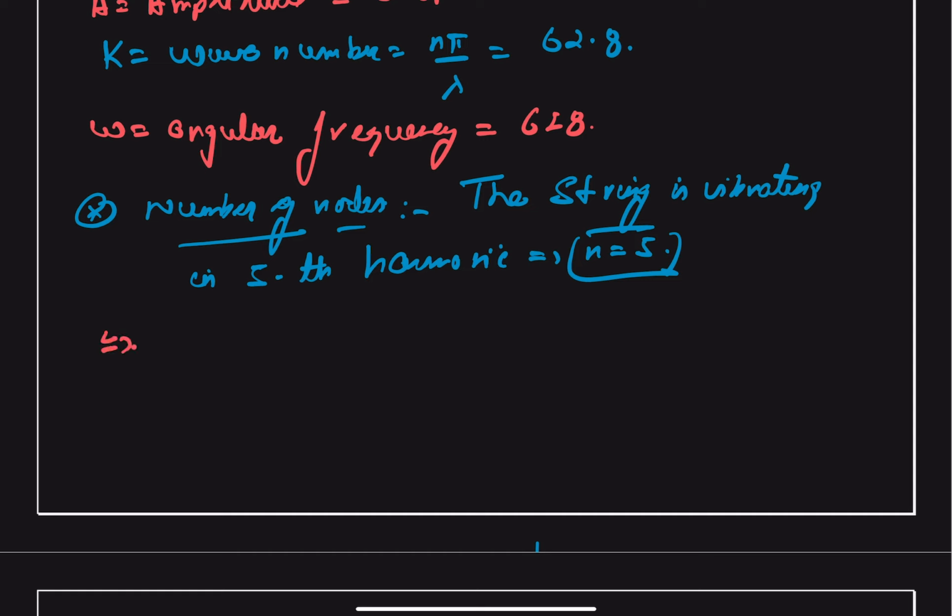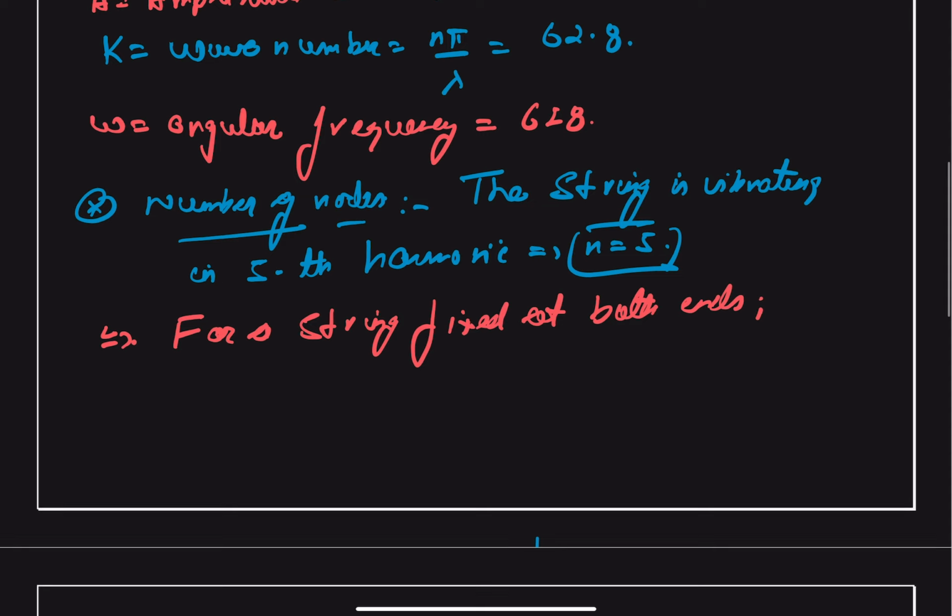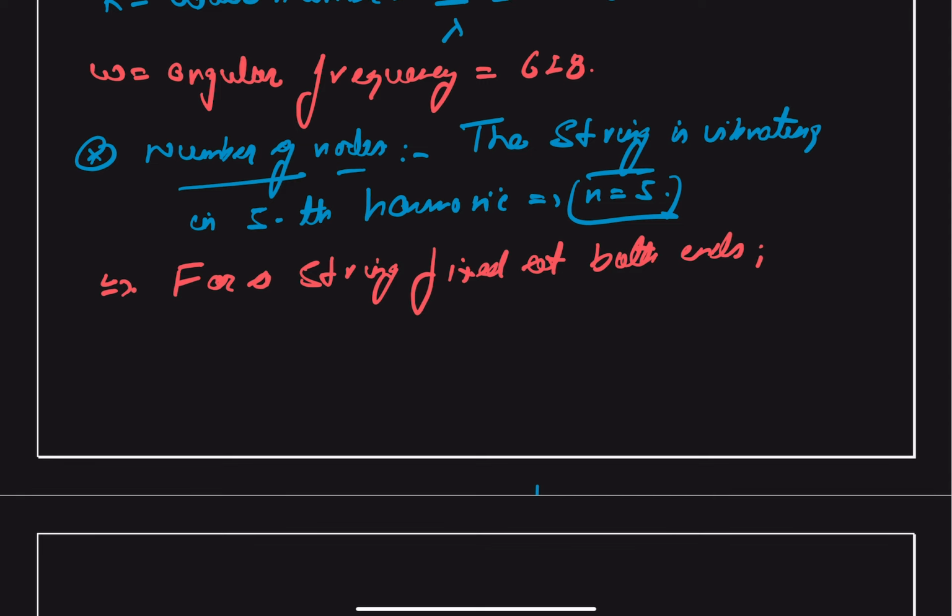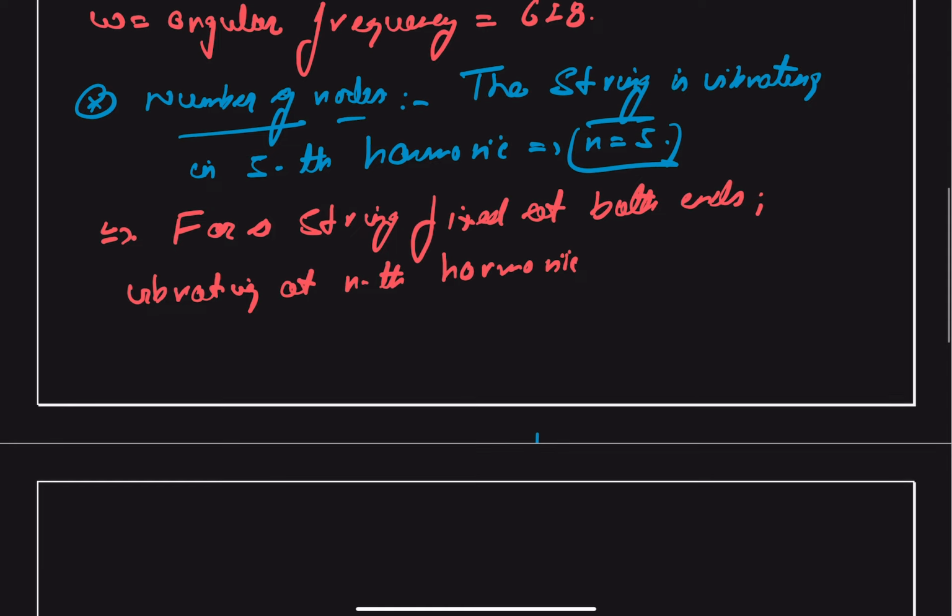So we can say for a string fixed at both ends, vibrating at nth harmonic, the number of nodes will be equal to n plus 1.